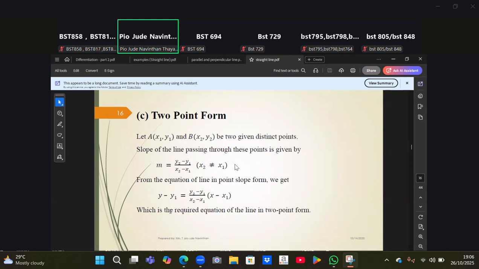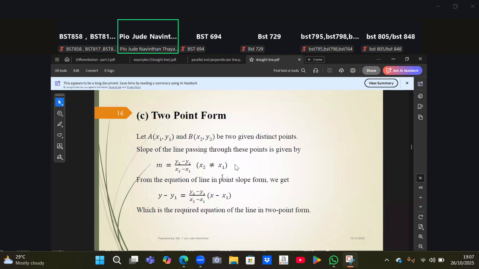No worries, right? But if you make any mistake somewhere here, you will lose the full marks. So my advice is you have to find the m separately. M is equal to y difference over x difference. You have to find it, right? If there is any mistake, you can still get the marks.